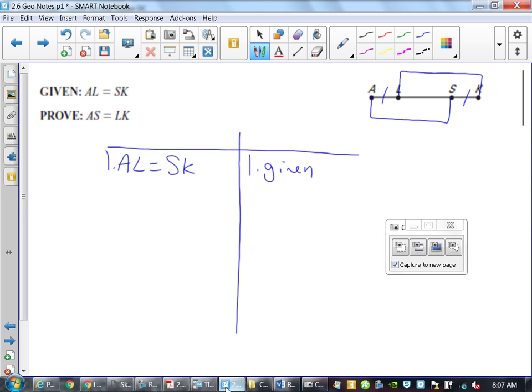So what we need to do is, when something isn't given to us, and we're going to talk about segment addition here, we have to define something. We have to say that it exists. Does LS exist in our diagram? Now, if you look at your reason bank, there's a property in there called reflexive. The reflexive property shows that you are yourself. It's on the front page, I believe.